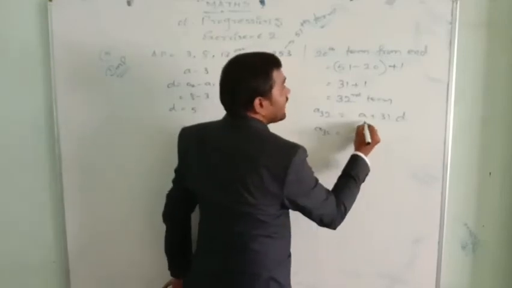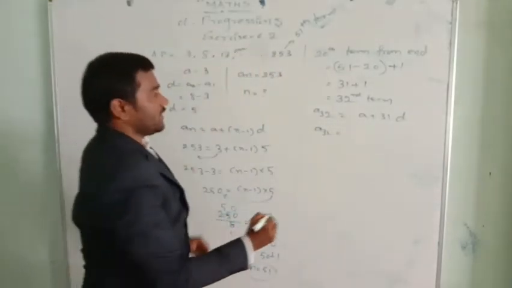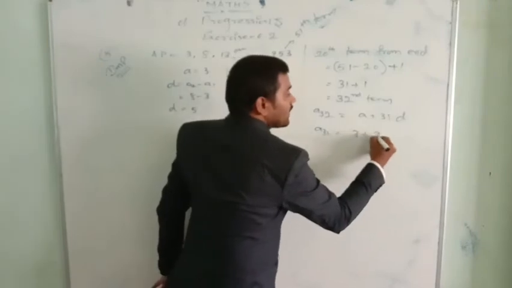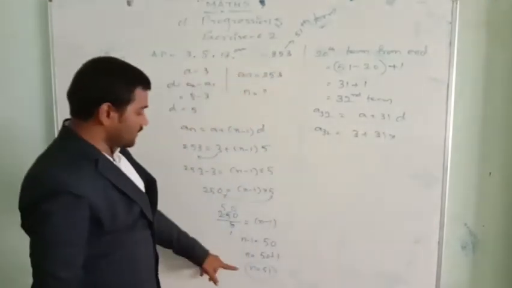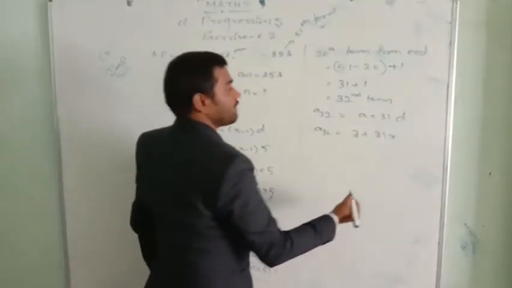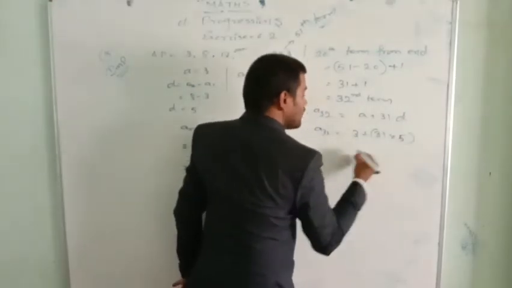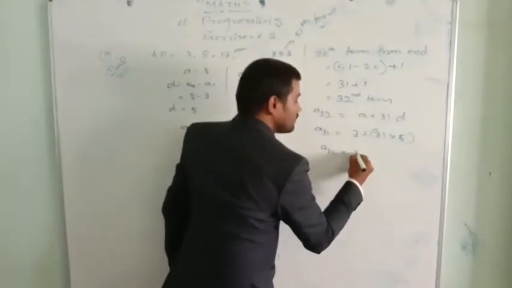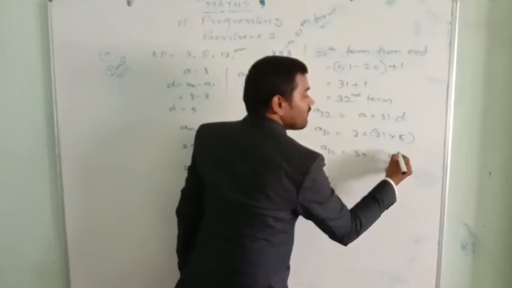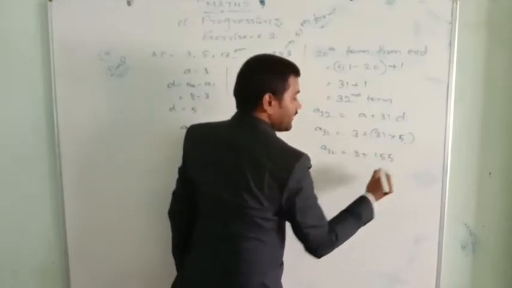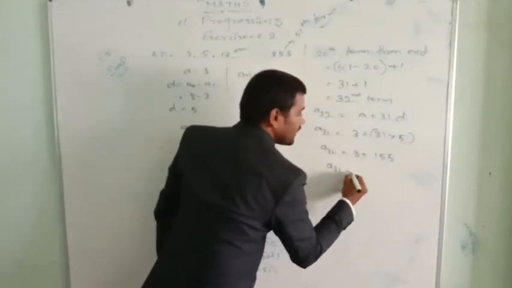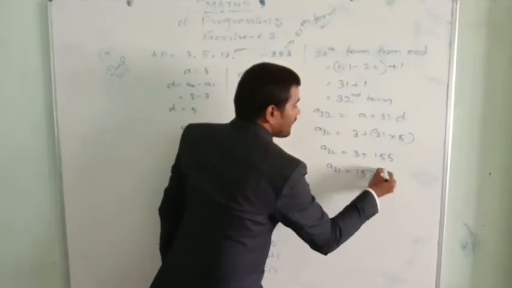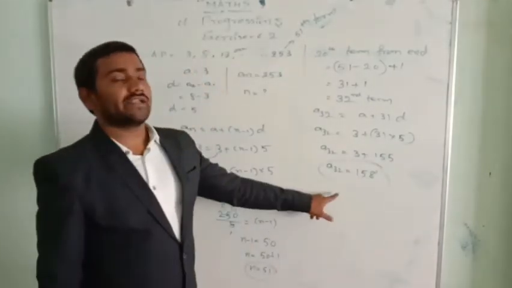A32 equals a value, already we have a value is 3, plus 31 into d value, which is 5. Simple. Now let us multiply this. A32 equals 3 plus 31 times 5; 5 threes are 15. So A32 equals 158.